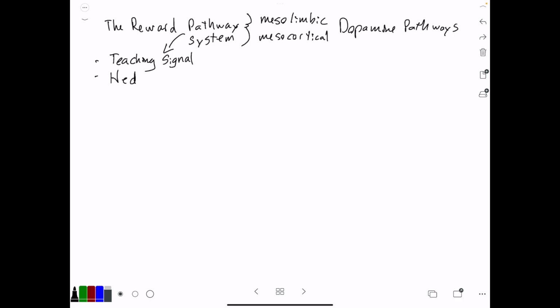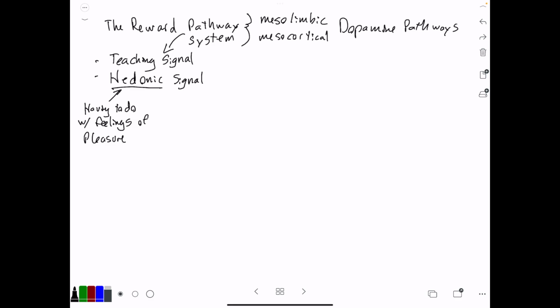The dopaminergic signals from the VTA to these areas were thought to be a hedonic signal initially. Hedonic is just a word that means having to do with the feelings of pleasure. Feelings of pleasure. That is what hedonic means.